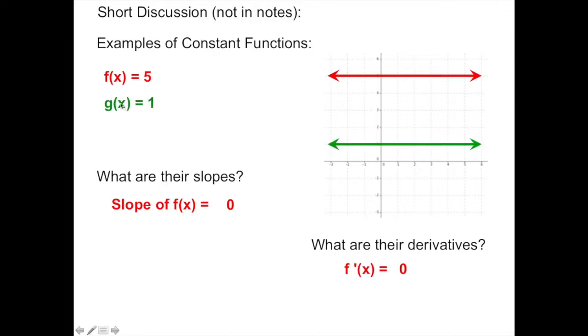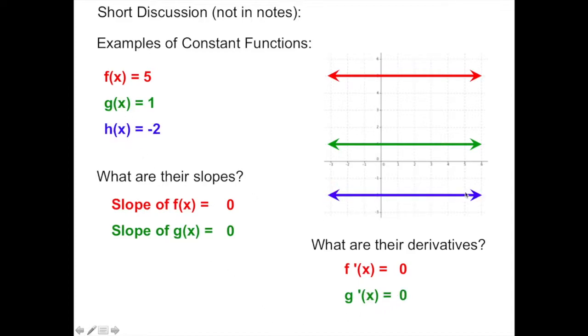Let's take a look at another constant function, g of x equals 1. Here's the function g of x equals 1. Looking at that function, we see that the slope everywhere is 0. So we can say that the derivative of g of x, g prime of x, equals 0. Let's take a look at another constant function, h of x equals -2.